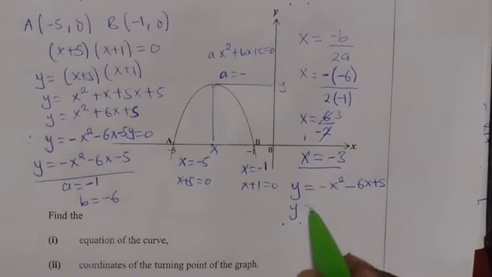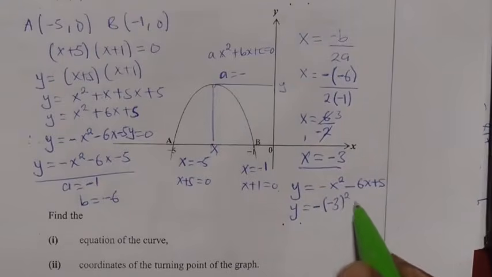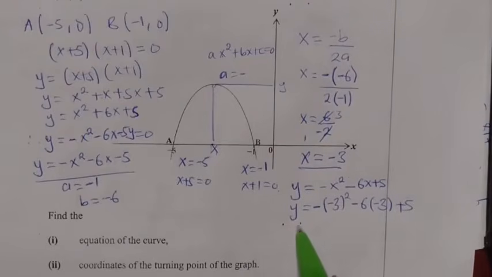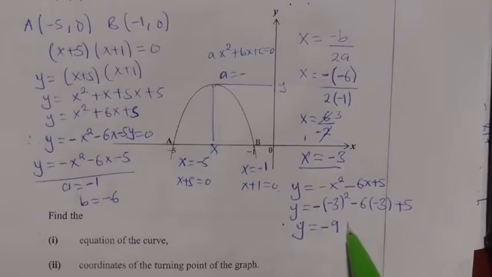So y equal to negative, open bracket, negative 3 squared, minus 6 in bracket negative 3, then minus 5. Negative 3 squared is 9, so this will be negative 9 with a negative outside here. Negative times negative 6 times 3 gives us positive 18.